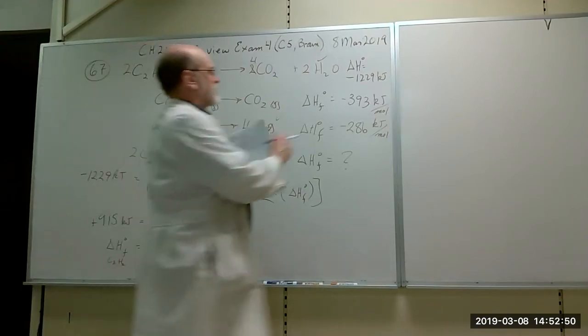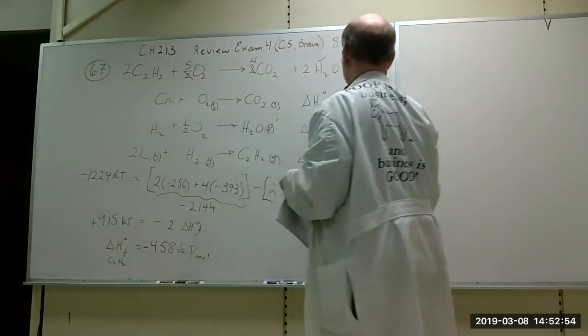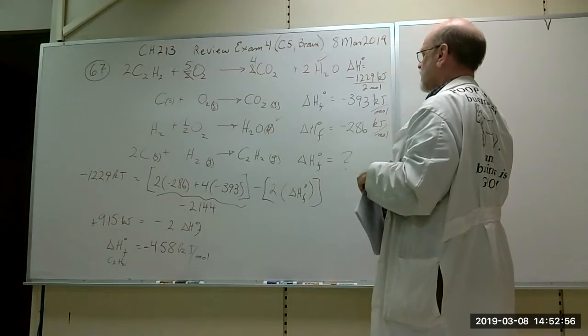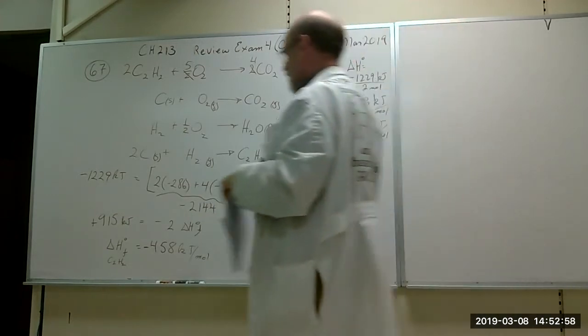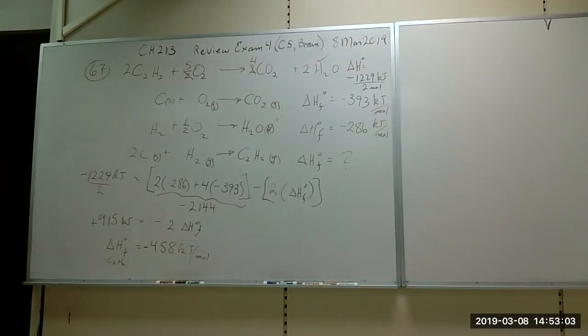This is per 2 moles of acetylene. So this value needs to be divided by 2. That's per 2 moles. So if we do that, what happens?